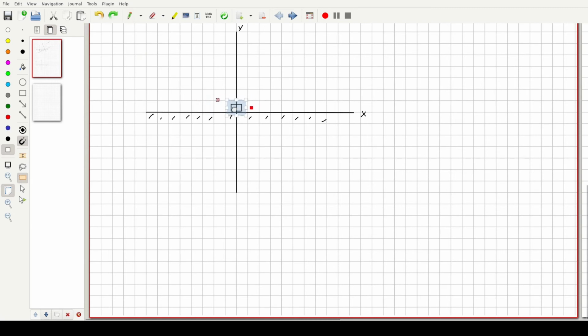So here's our cart. I'll place it at the center of the coordinate system like this.